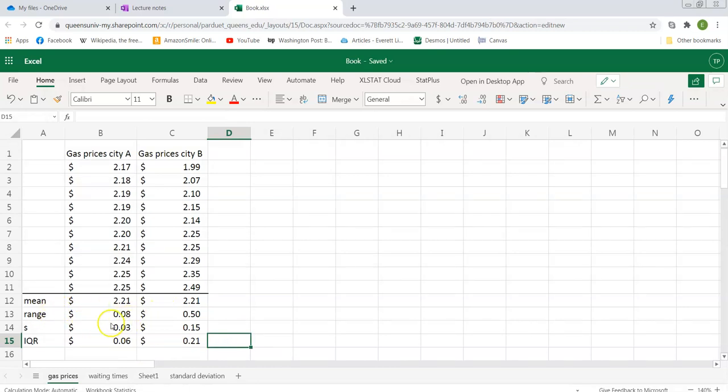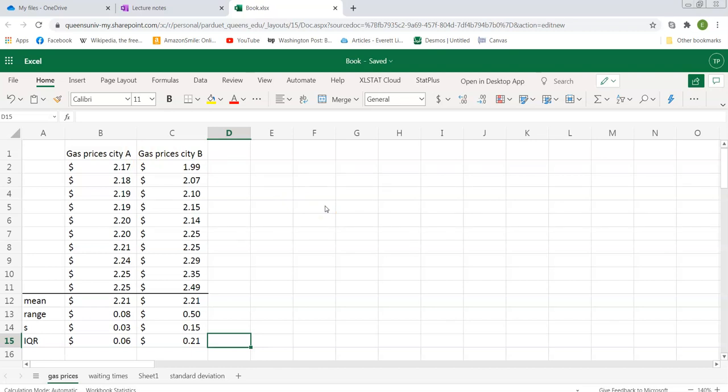So each one of these measures points to City B having a larger spread in their gas prices. And the reason we care about that is, if you think about the implications of this, if you're in City A, it really doesn't make much difference where you buy your gas.